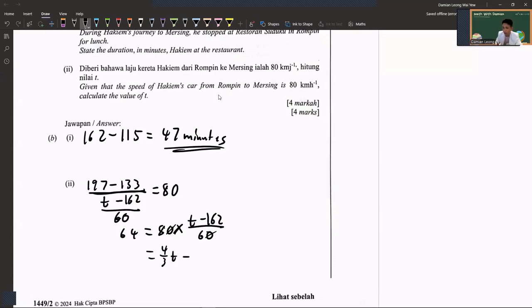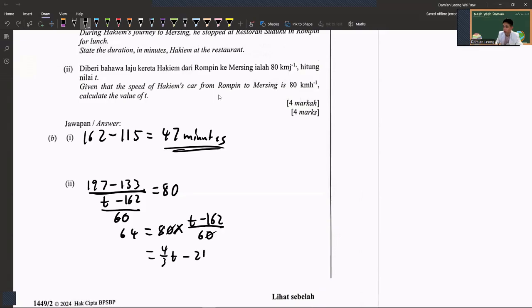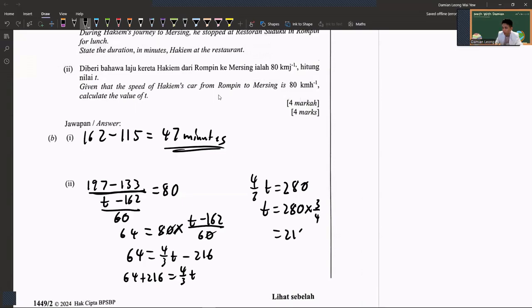So 4 over 3 t minus 162 times 4 over 3, which is 216, equals 64. Bring over the 216, 64 plus 216 equals 4 over 3 t. So 4 over 3 t is 280. Flip the fraction, times 3 over 4. So 210. The t value is 210.